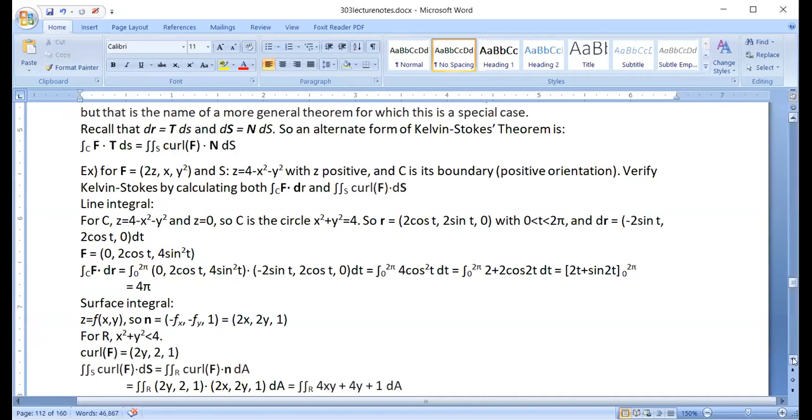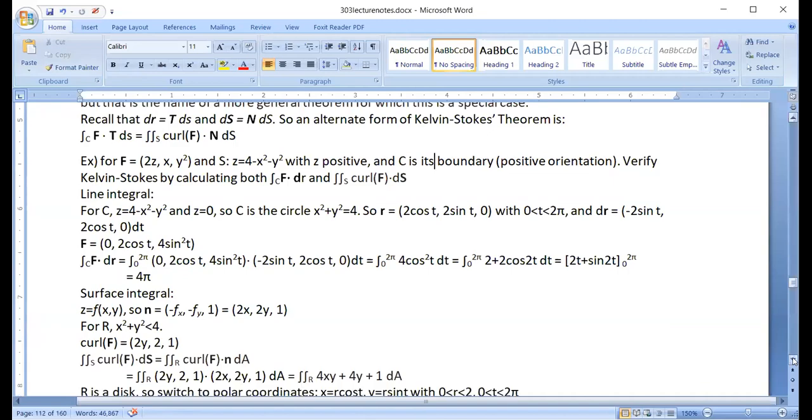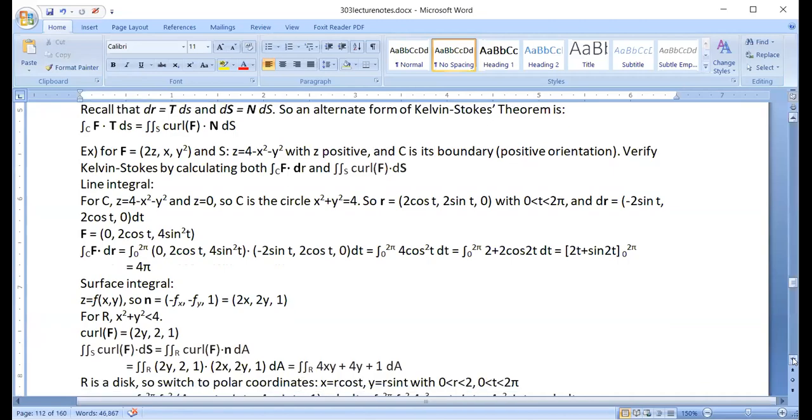Now, how do we want to do this double integral? Because the region that we're integrating over is a circle, it'll be easier to do this in polar coordinates. So let's switch it out. x is going to equal r cos t, y equals r sine t, and it's a circle centered at the origin of radius 2.